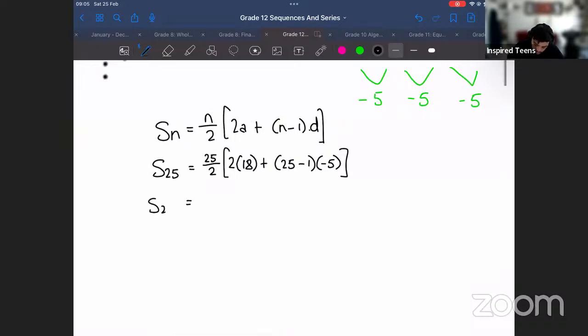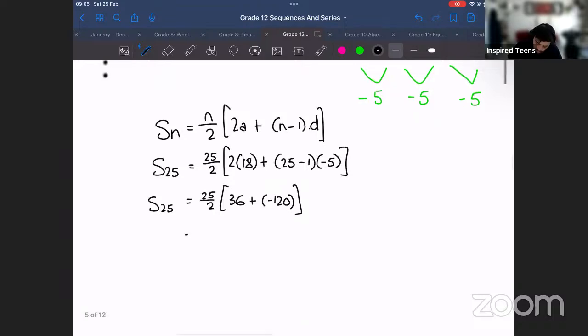So S25 is equal to 25 over 2, 36 plus 24 times minus 5, which is actually going to be minus 120. Obviously, you can just put that in your calculator in one shot and you'll get the answer. 36 minus 120 gives us minus 84, multiplied by 25 over 2.